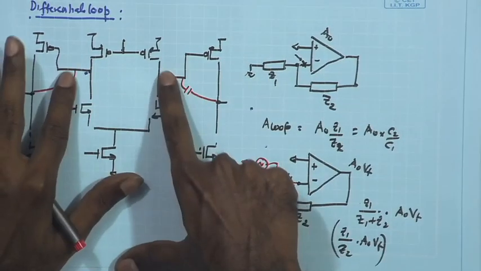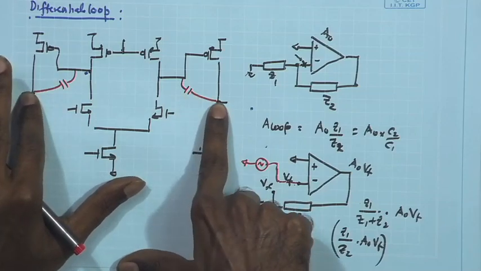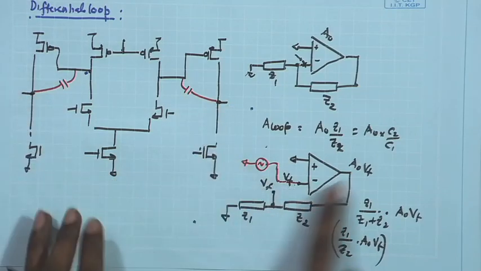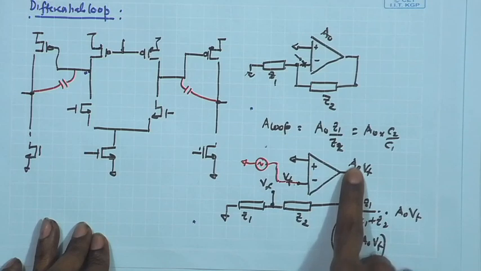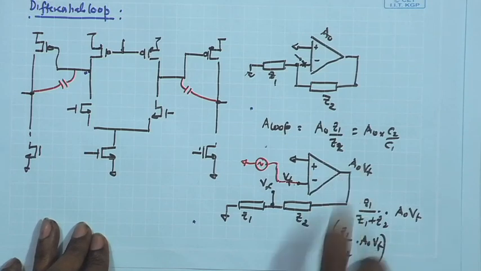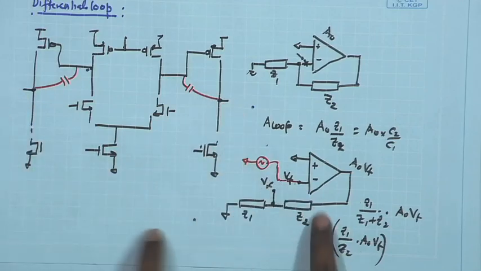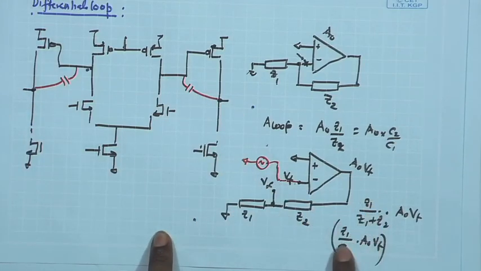So, in that case, the overall loop gain for the common mode is close to A naught, or of the order of A naught, very close to that, whereas for the differential loop, we are seeing that you have another factor Z1 upon Z2 coming, which is anyway suppressing the loop response or the loop gain.